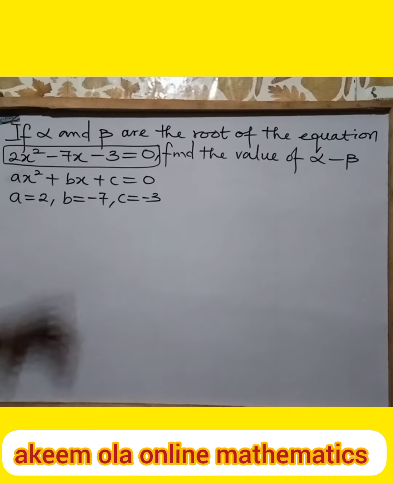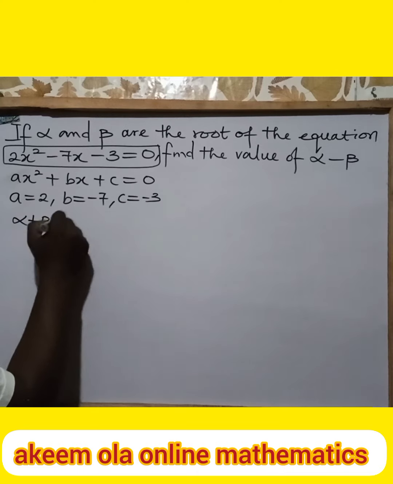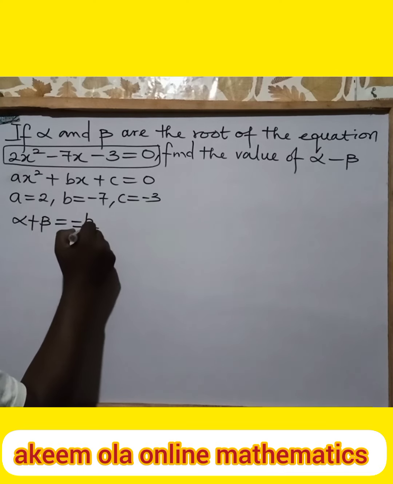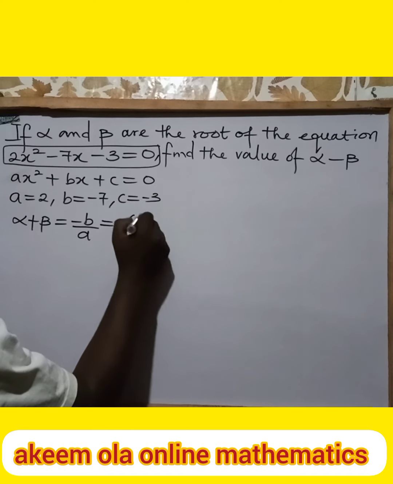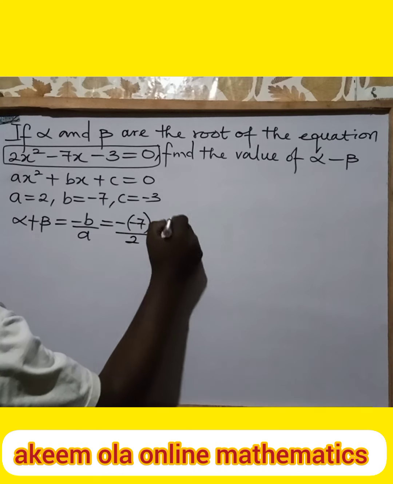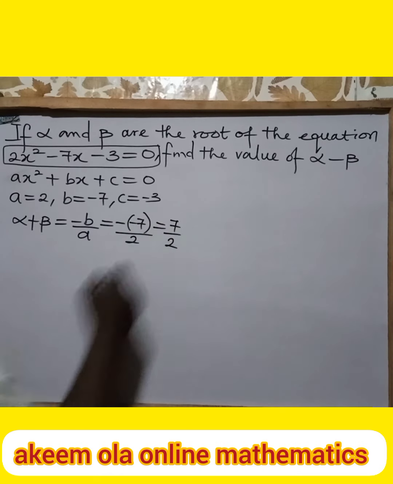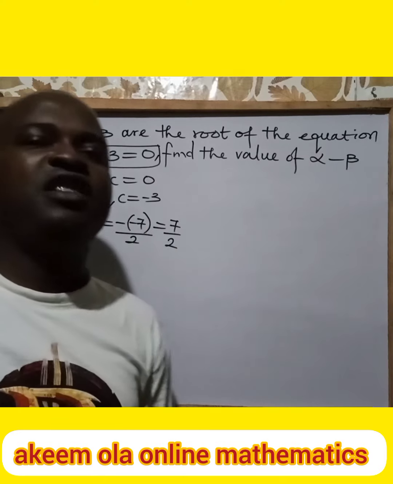So from the equation here, our sum of roots, alpha plus beta, will be equal to minus b all over a, which is minus minus 7 all over a, which is 2. And that will automatically give us 7 all over 2. Minus times minus is plus.